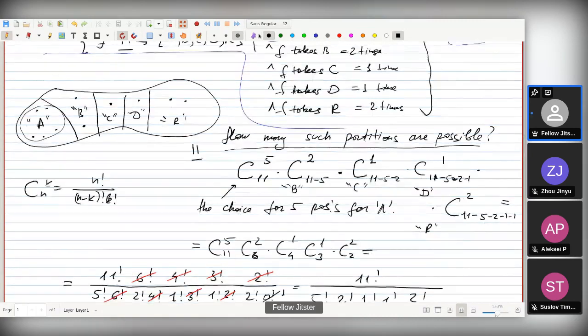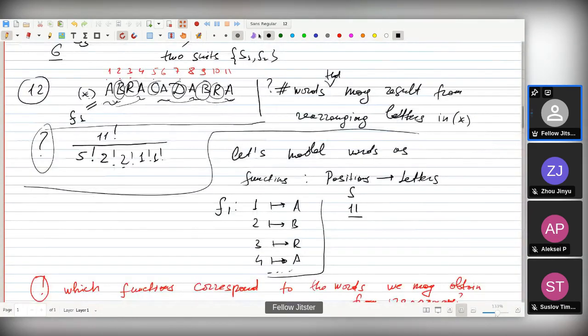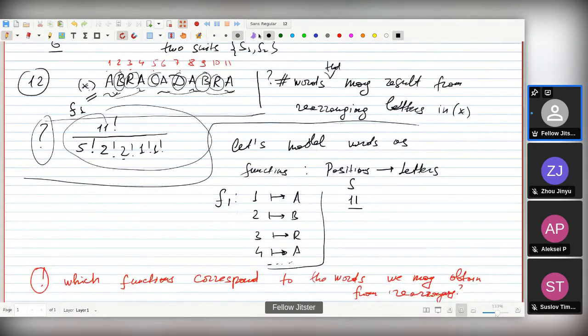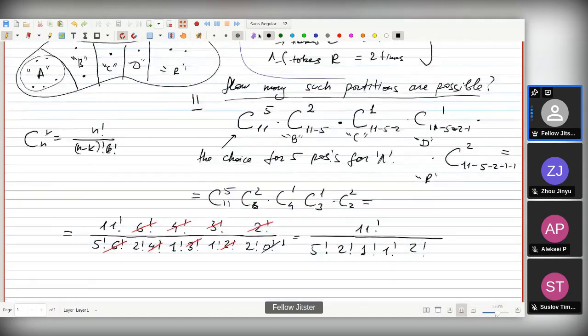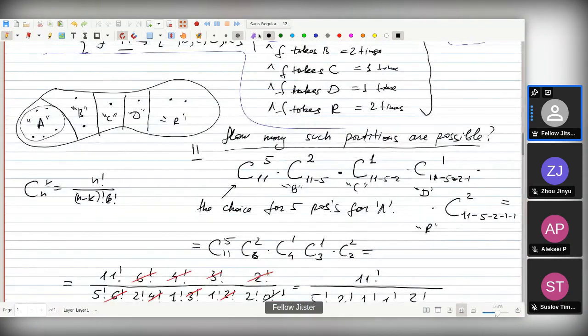Ha! This is exactly the same we had obtained previously from our intuitive argument. Is it clear? Yes.